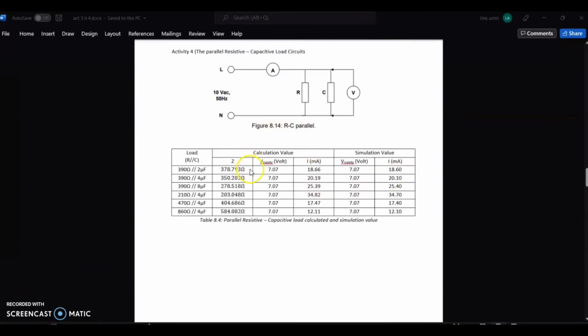So here is the data that I have collected for the calculation and the simulation value. For the value of current from the manual calculation and simulation, basically we got almost the same.